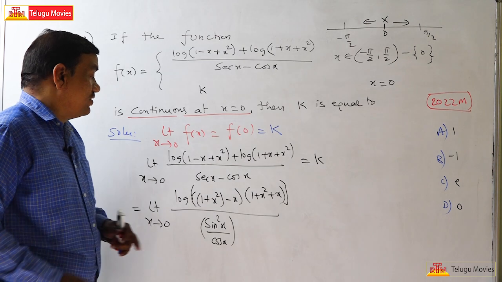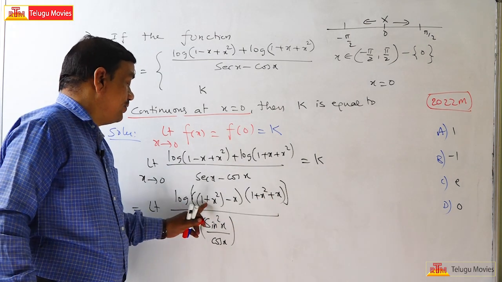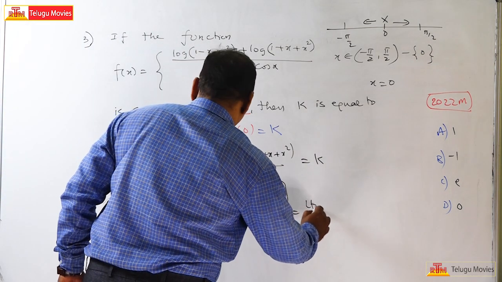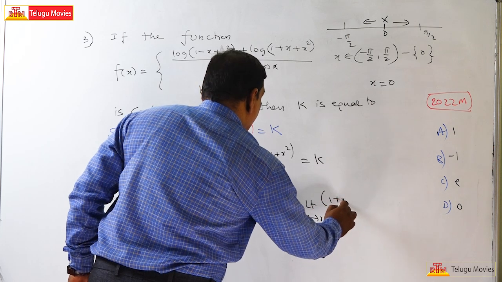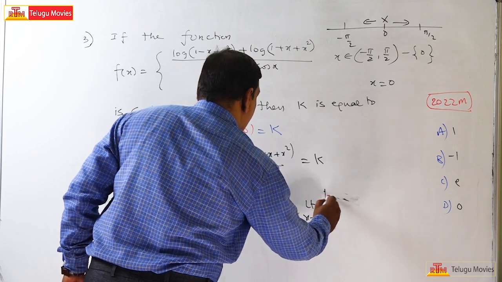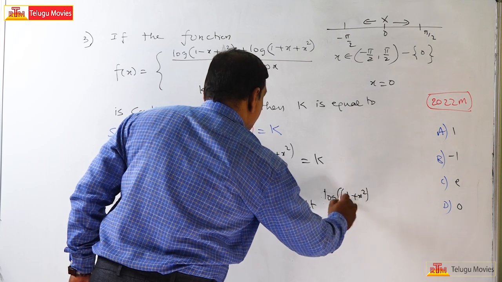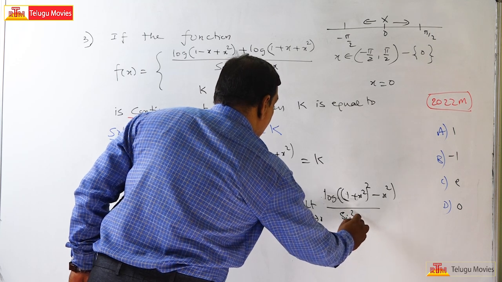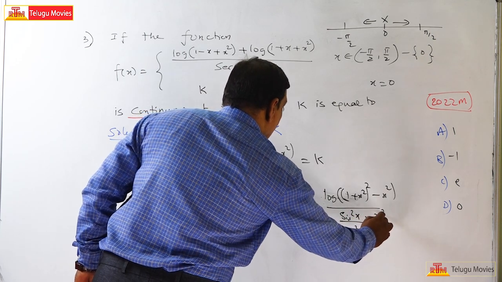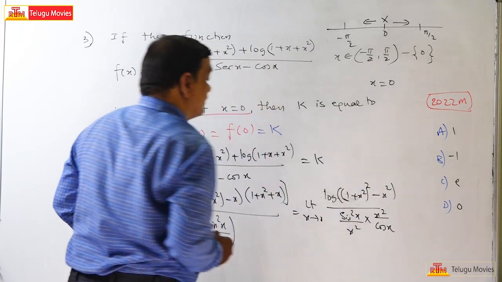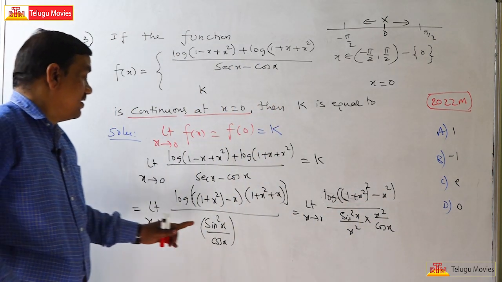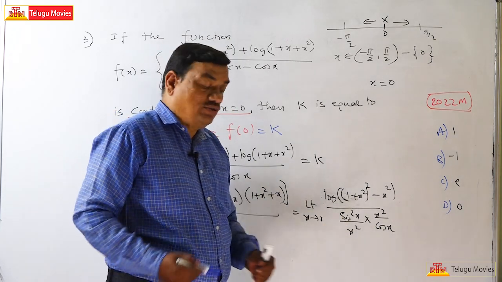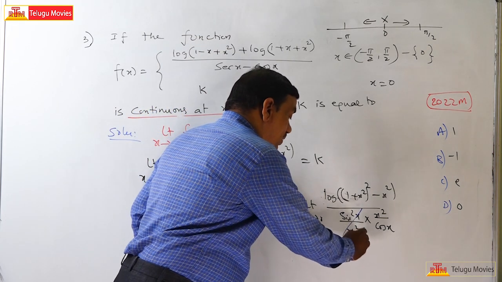Let us try to find this value. Here a plus b into a minus b is a square minus b square. So that is equal to limit x tends to 0 of log of 1 plus x square whole square minus x square, divided by sin square x by cos x. We will multiply and divide by x square. Limit x tends to 0 of sin square x by x square is equal to 1.